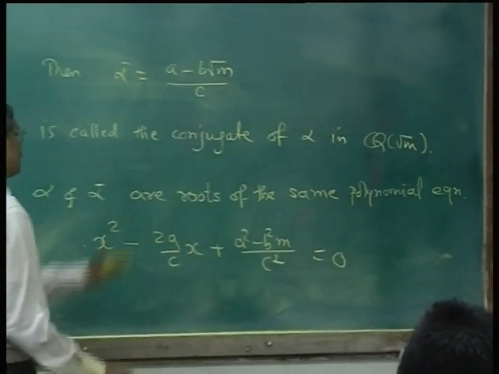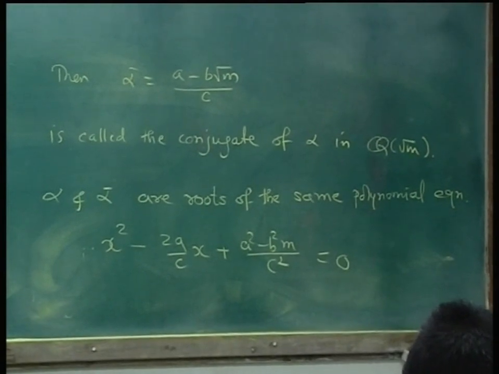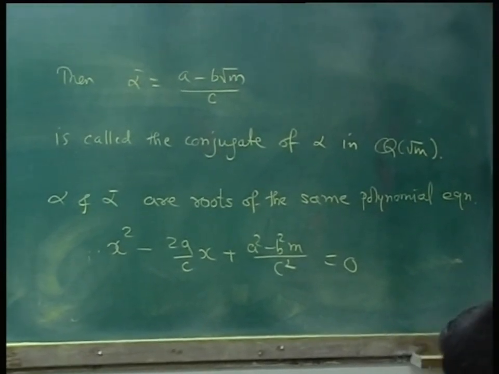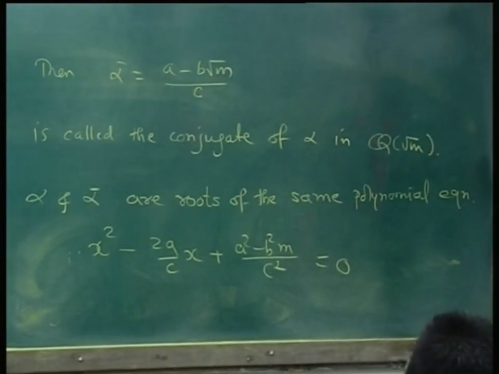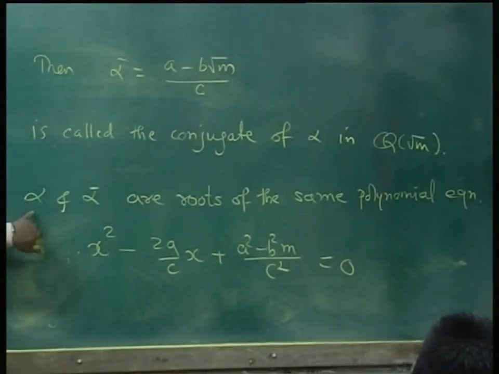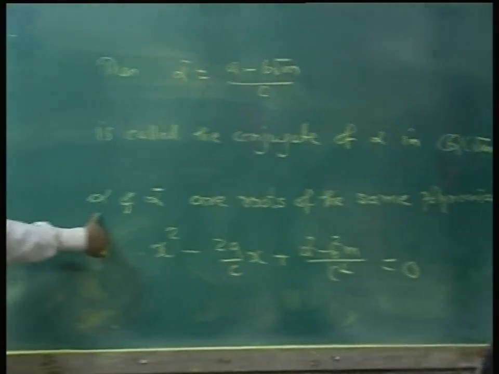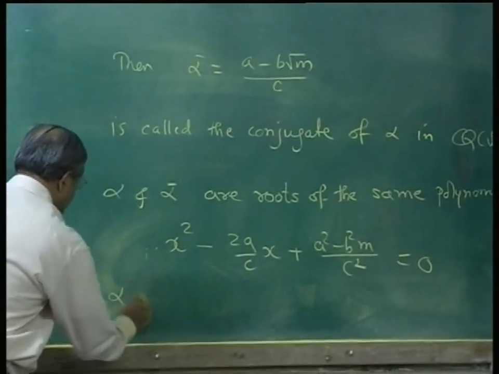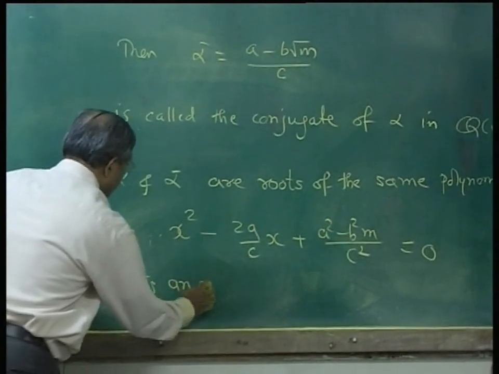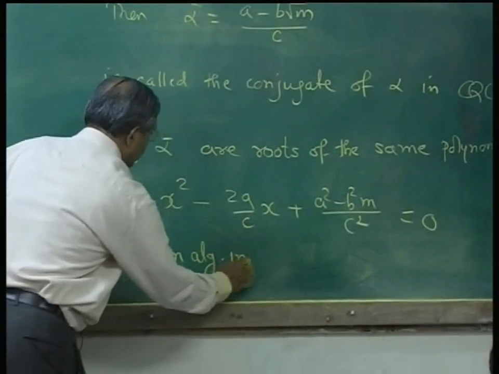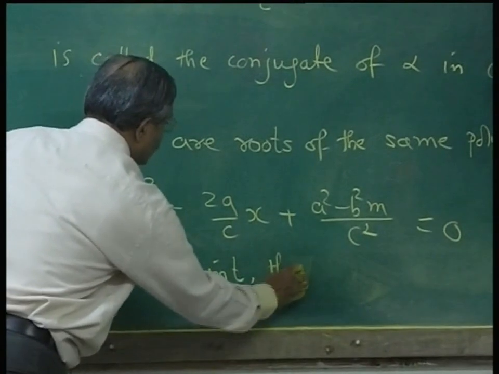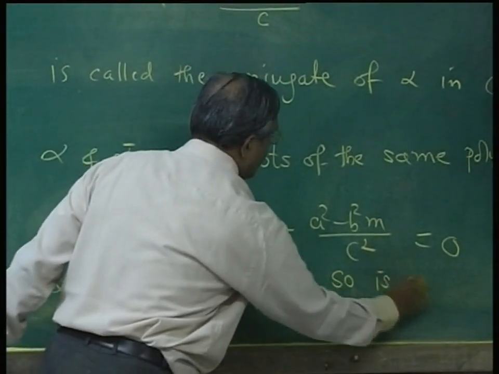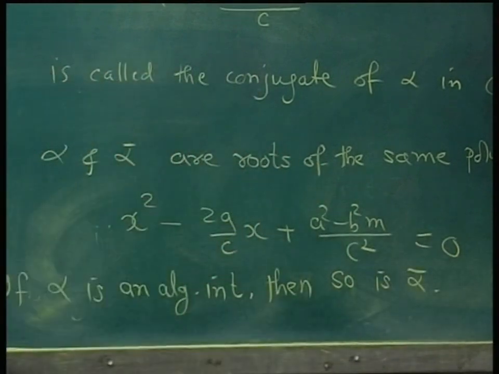They are roots of the same polynomial equation. And note that if alpha is an algebraic integer, then so is alpha bar, because it is a root of the same polynomial.